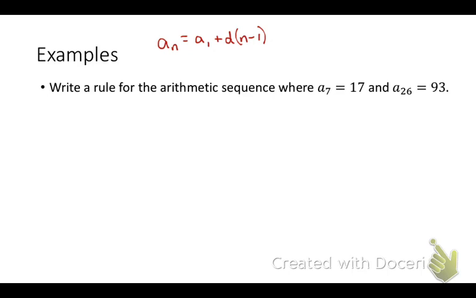Here I'm given just 2 random spots in my list. So I go from having everything to essentially having nothing. I don't know what my first term is. I don't know what my common difference is. So if I don't know any of those 2 things to start, I need to find first my common difference.